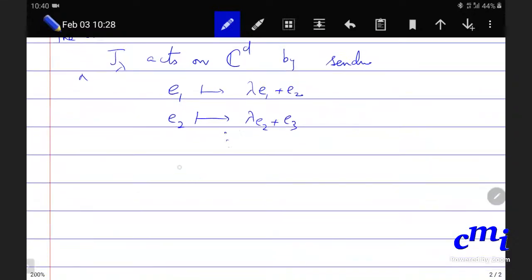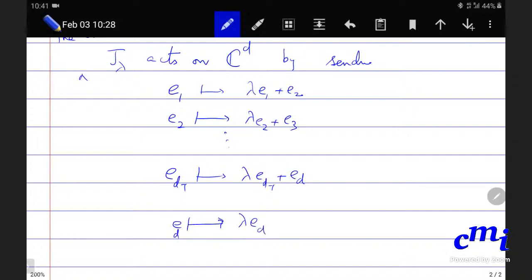The last but one, E_{d-1}, will go to lambda E_{d-1} plus E_d, and E_d just goes to lambda E_d.